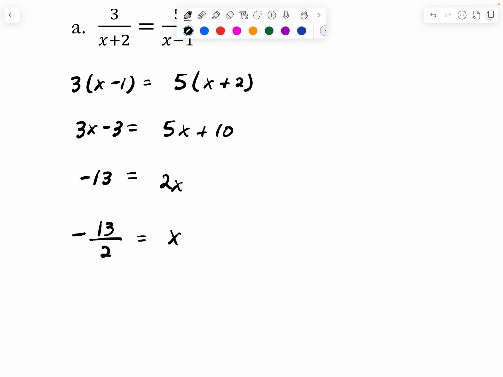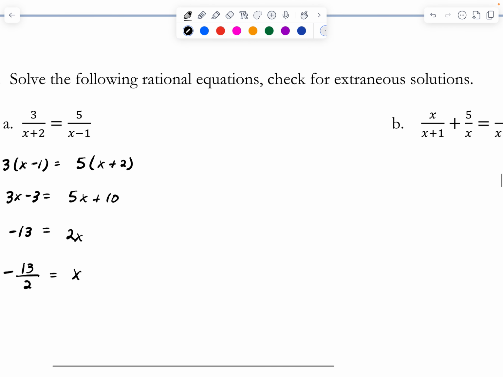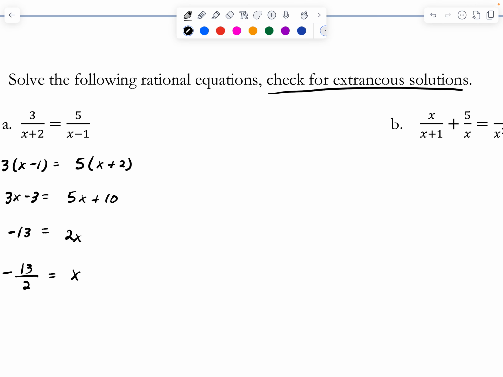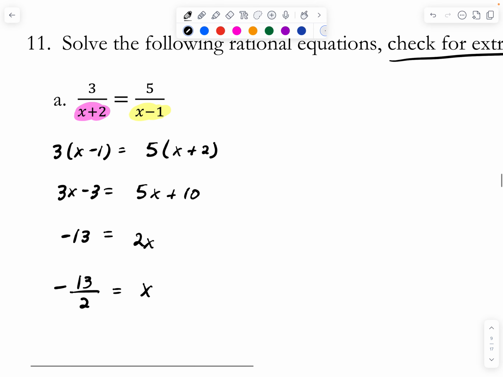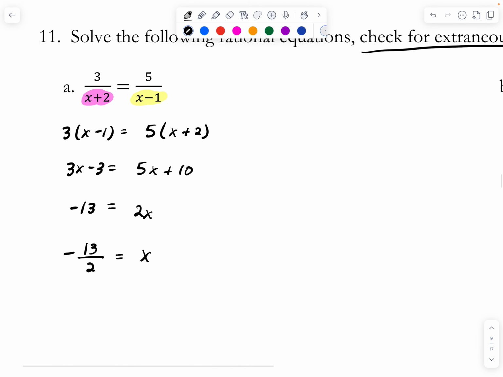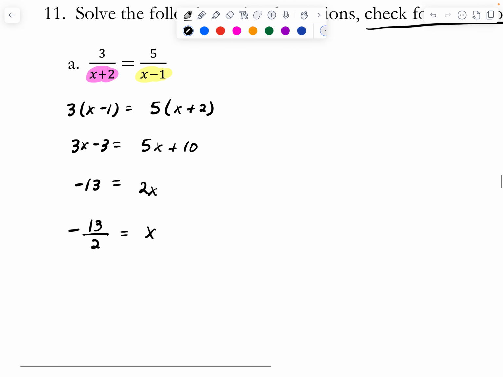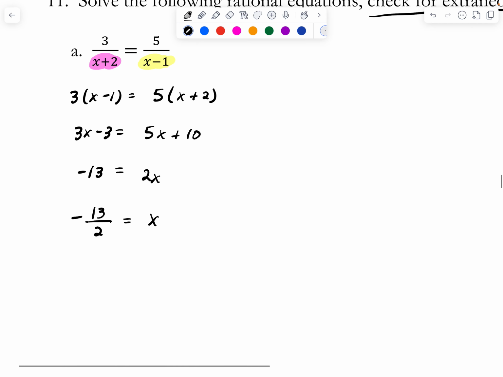It's your call. Now, when I check these, because it says to check for any extraneous solutions, I'm looking at the original equation, and I'm looking at my denominators. And I ask myself, okay, would negative 13 halves, which is negative 6.5, if I plug that in, would it make 0 in the bottom? And it would not.